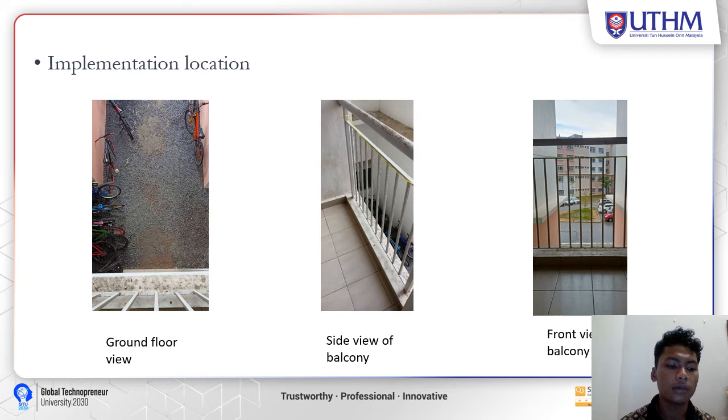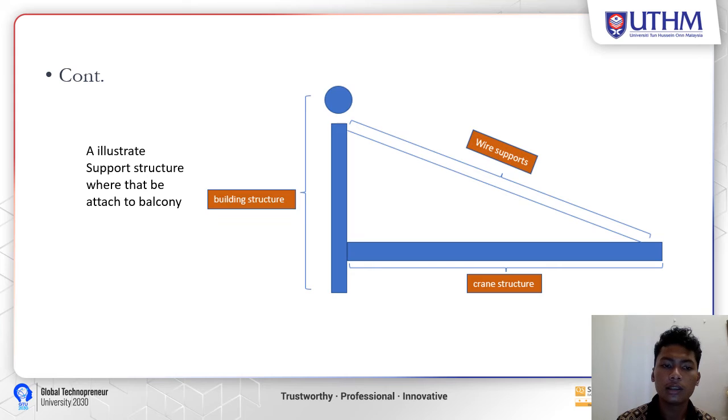The gap from the top square to the round shape steel was 17 centimeter. The structure was attached to the square shape steel which is at the side. Here shows how to illustrate the support structure where the balcony attached to the structure.